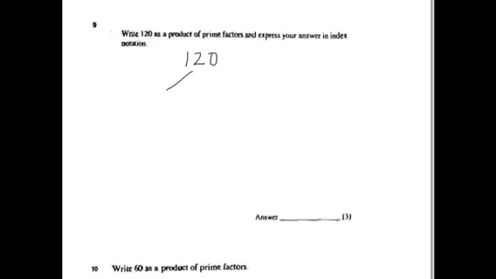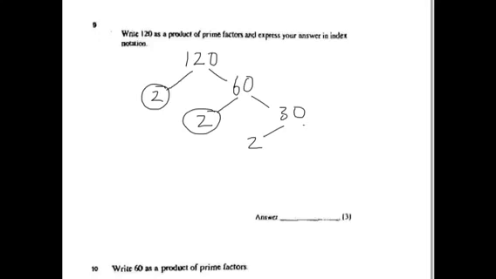So 120, well, that's 2 and 60. I'm going to circle 2 because 2 is a prime number. 60 is 2 times 30. 30 is 2 times 15, and 15, well, we can't go with 2, so this is going to be the end of it, so 3 times 5.